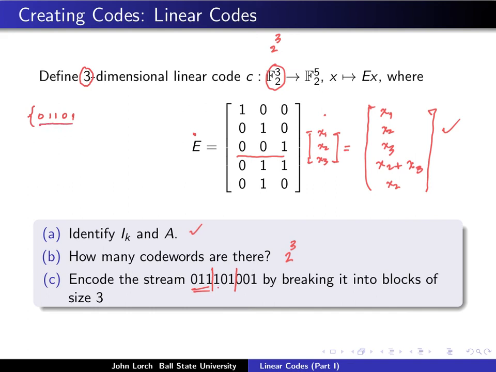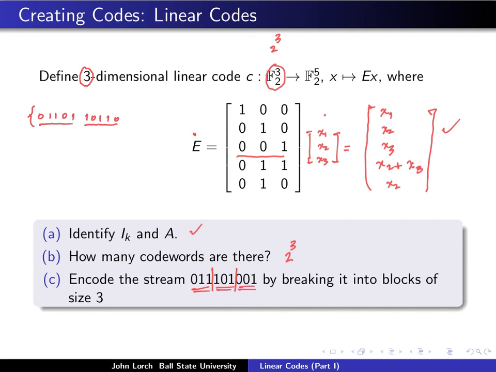Now we move on to our second block. There x1 is equal to 1, x2 is equal to 0, and x3 is equal to 1. So we're going to get 1, 0, 1, and then 1, 0, I believe, because x2 plus x3 in this instance is going to be 1, and x2 is equal to 0. Okay, so that's the second block of this stream.